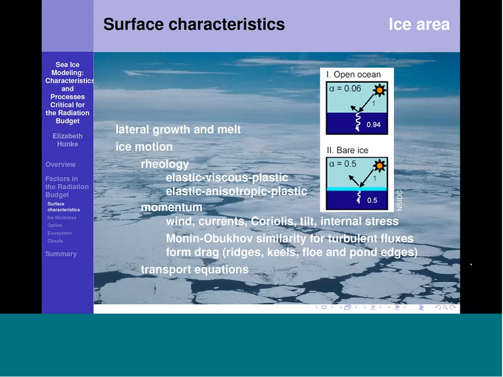There is a momentum equation that incorporates the internal stress from the constitutive equation, along with external forcing like winds and ocean currents. Then there is a set of transport equations that ensure conservation of ice area, volume, energy, and related quantities as the ice moves horizontally over the ocean surface.